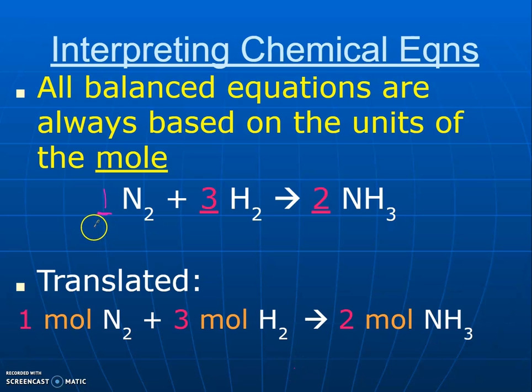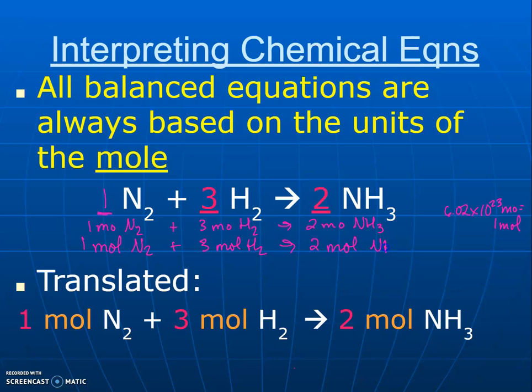What this meant was that one molecule of nitrogen and 3 molecules of hydrogen produce 2 molecules of NH3, which is ammonia. Since we know 6.02 times 10 to the 23rd molecules is equal to 1 mole, we can also say that 1 mole of nitrogen and 3 moles of hydrogen produce 2 moles of NH3.